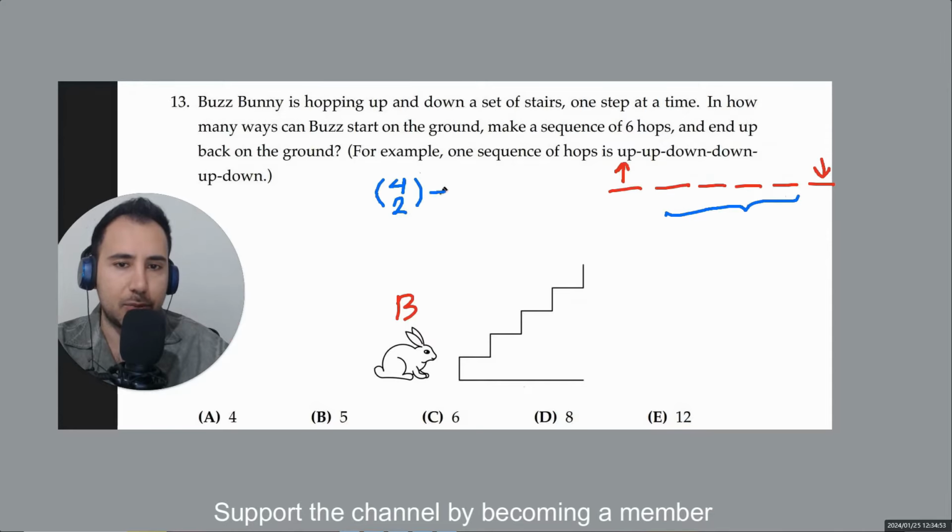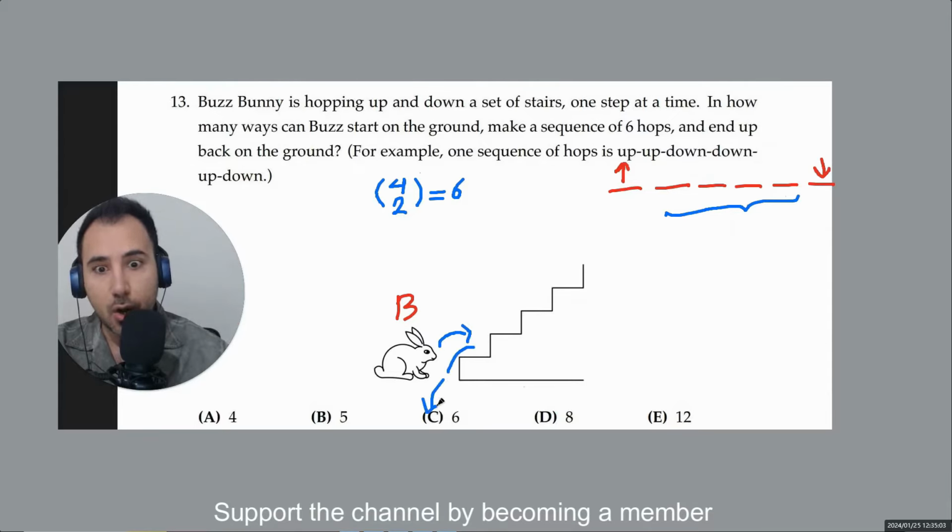Okay, this will be 6 ways. But we still have to be careful, okay? Because if I go 1 up, can I still go 2 down? No. If I go 2 up, can I come back 3? No. So it's advisable to just make the list, okay? It's not a lot, there's just 6. I'm going to make all the list.